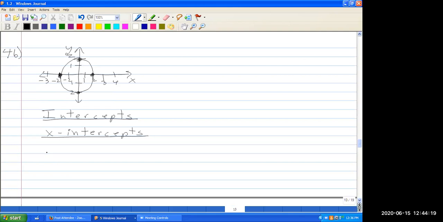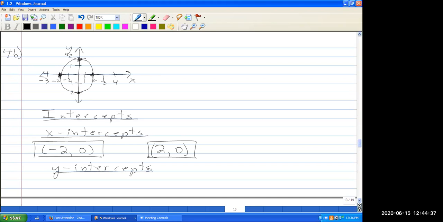So (-2, 0) and (2, 0). Let's look for the y-intercepts. Well, in this case, we have (0, -2) and (0, 2). Okay.